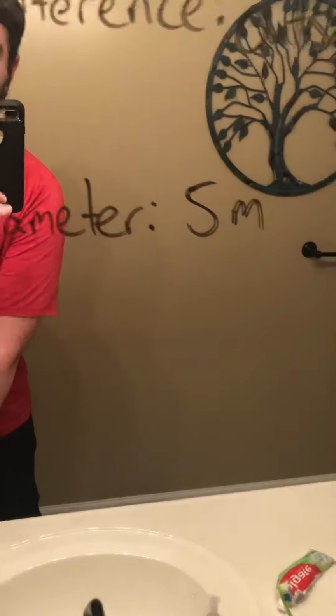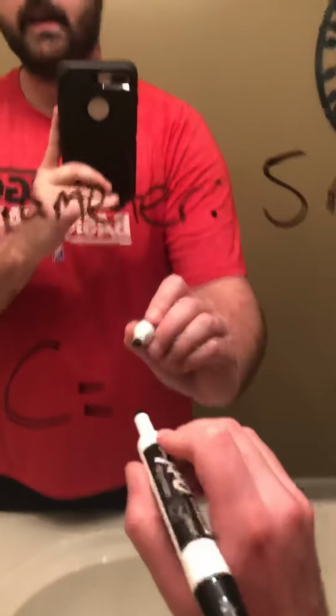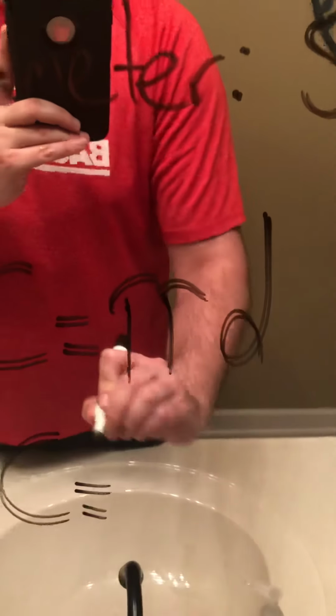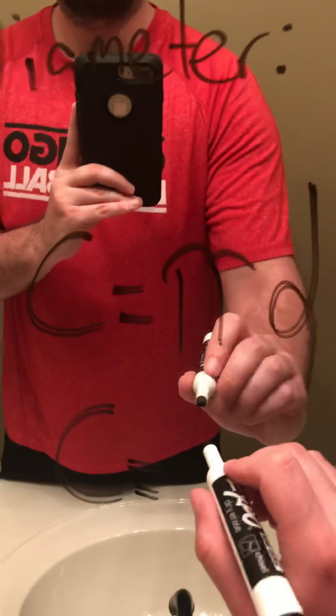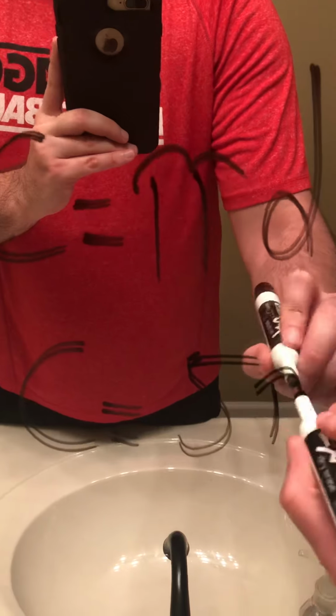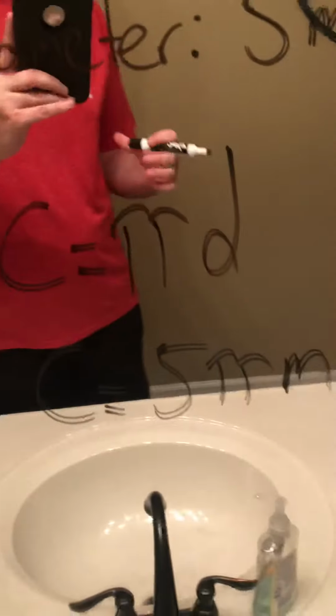So circumference will equal, since your diameter is 5, 5 pi, and it'd be meters. Since your diameter is 5 meters, you have to keep it in meters.